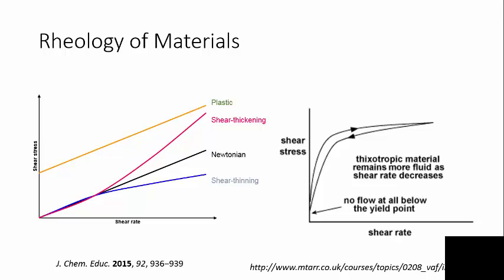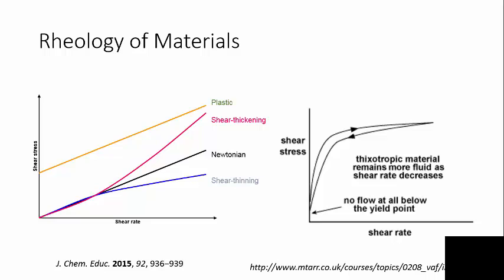It's still a solid. You have to apply more stress in order to cause it to deform. A good example of this would be a stick of butter. So plastic means a solid that can be deformed. Often we conflate plastic with polymer. Many polymers have plastic properties, but plasticity is a particular rheological property of a material.